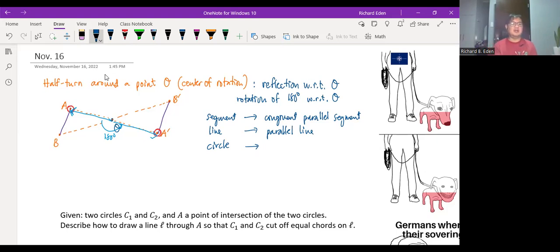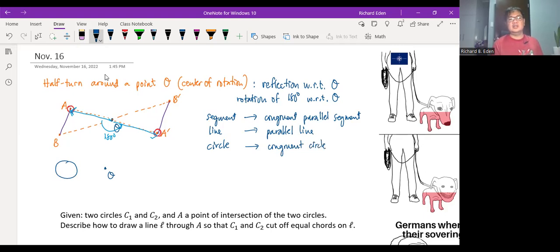The circle itself is being rotated about a point, so it will just be translated, sort of. So the image is going to be a congruent circle.